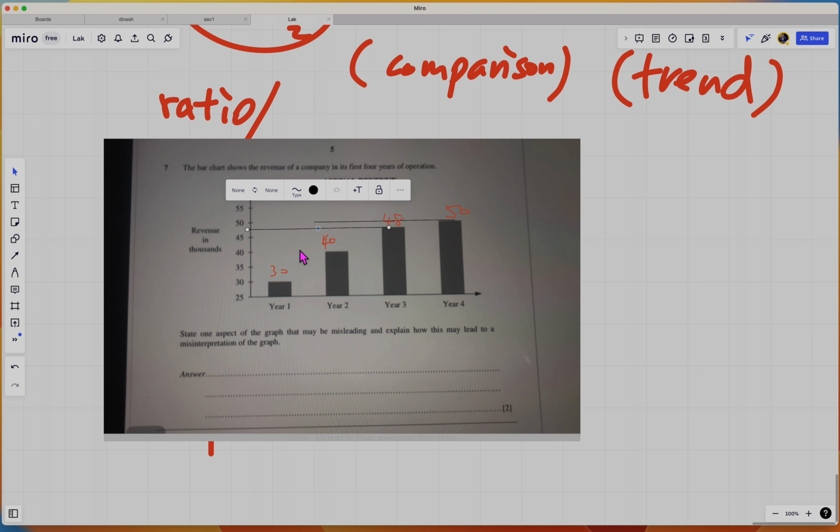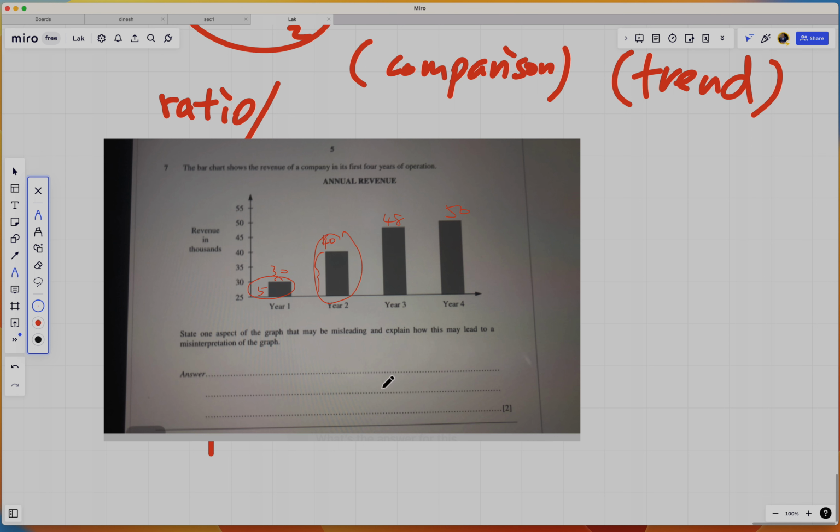is there another misleading feature for this chart? Over here the difference is 5, and the total here is 40. I find that quite misleading. Why? Because this one is 5 and this is 40. Mathematically we should have 8 of this to get 40, right?